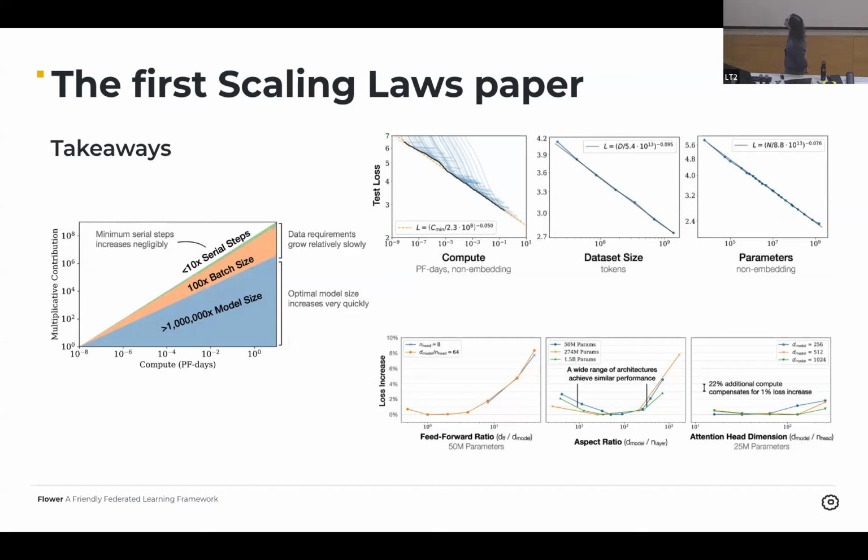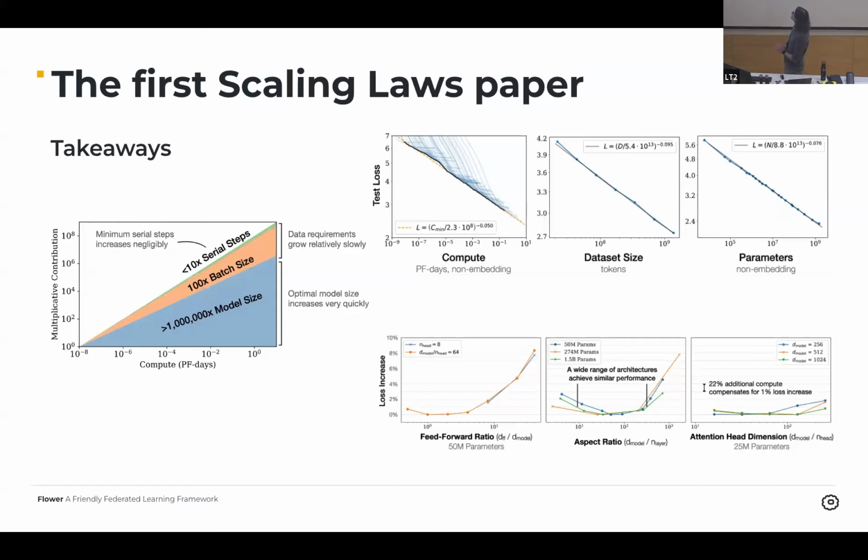And the top three plots are showing the empirically fitted scaling laws for compute, dataset size and parameters versus the test loss. So that is the metric of evaluation they chose to use.